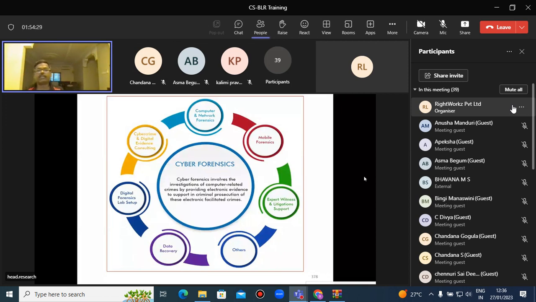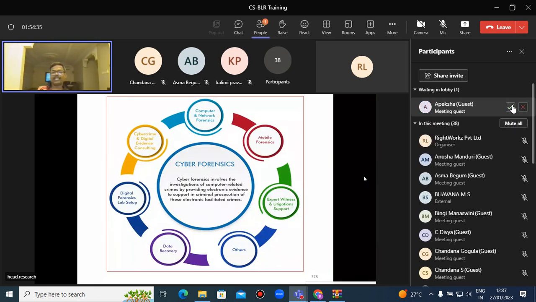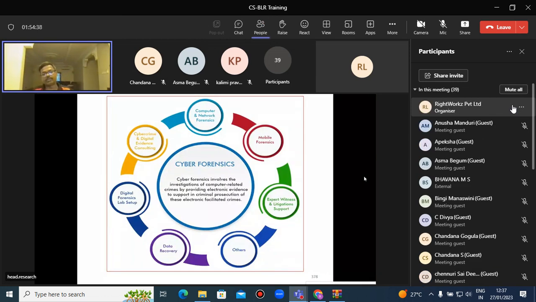Cyber forensics covers computers and network forensics, mobile forensics through mobile, expert witness and litigation support, data recovery, digital forensics and lab setup, cybercrime and digital evidence consulting, etc.